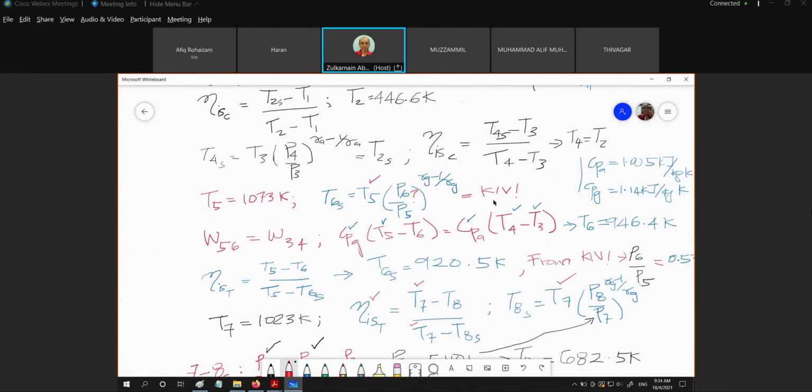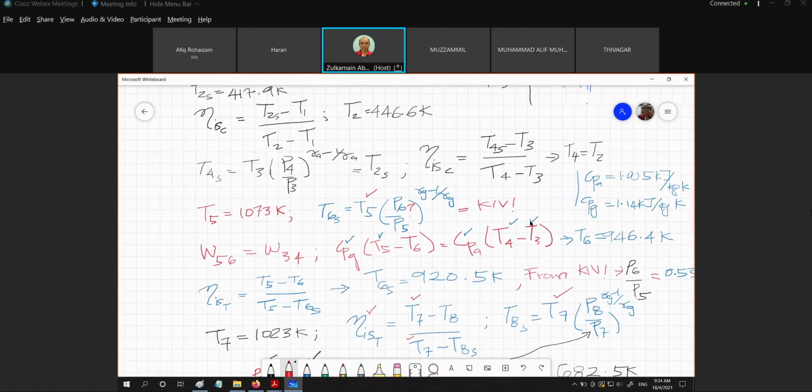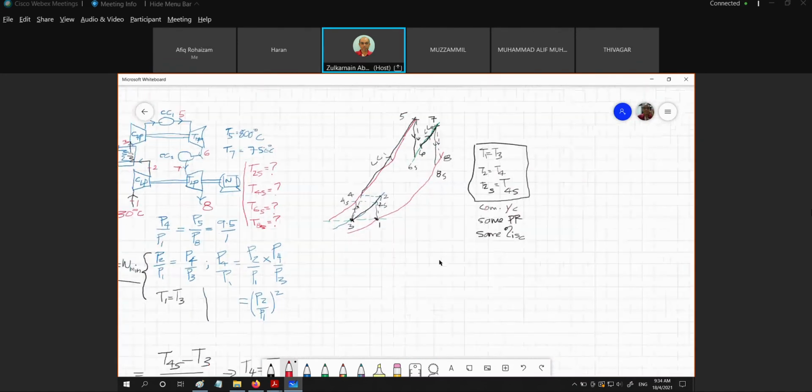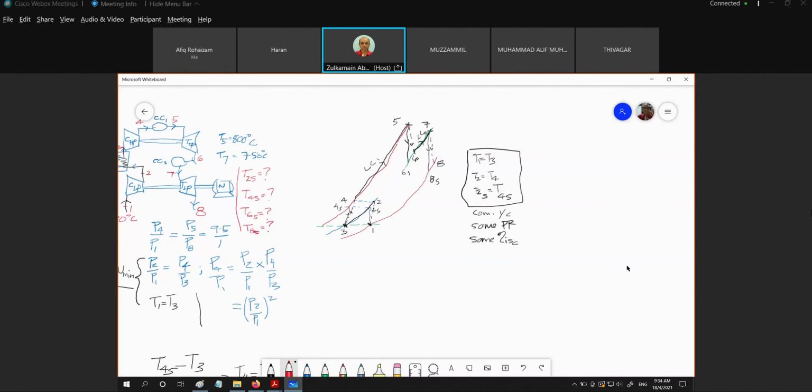I'm going to look into the last part of our gas turbine plant, which is the third modification. The first modification is to look at the multi-stage expansion and reheat. The second modification is to look at the multi-stage expansion with intercooler.